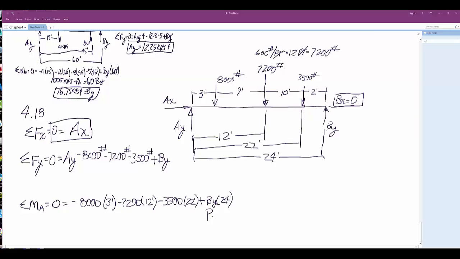Leave 24 BY equals whatever all that mess equals.